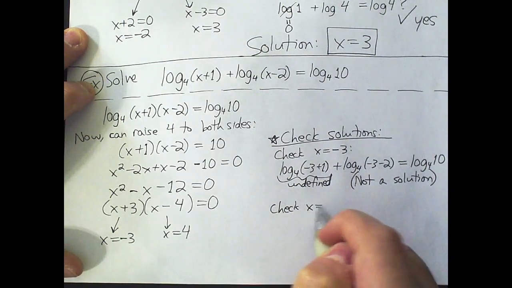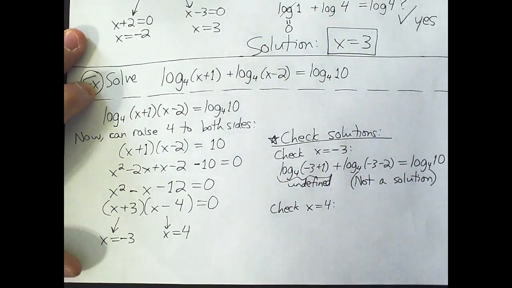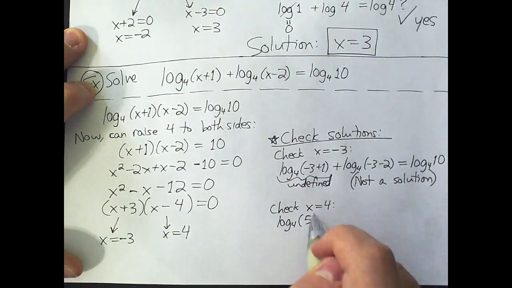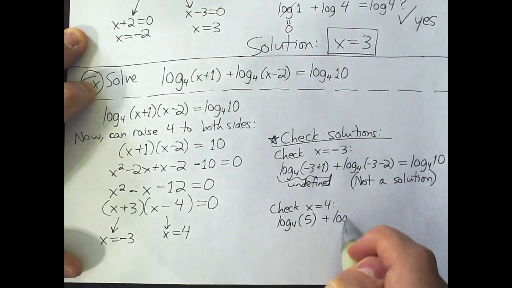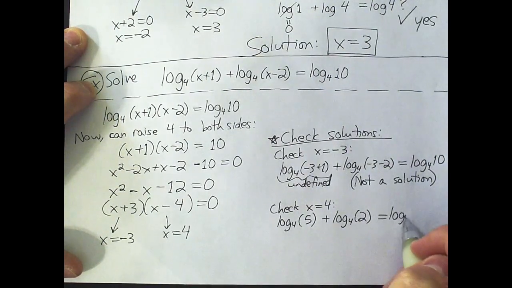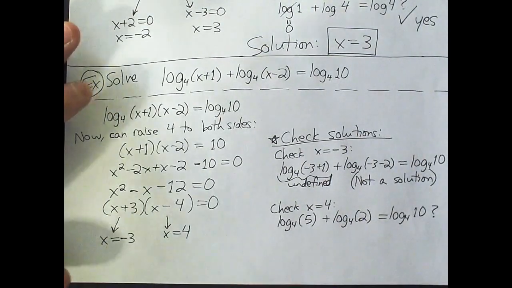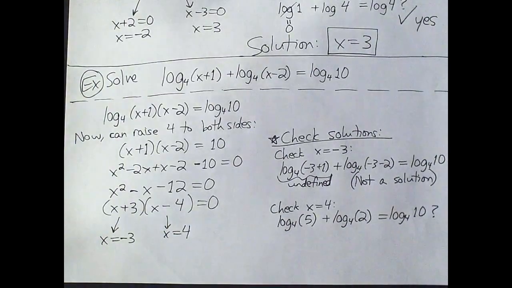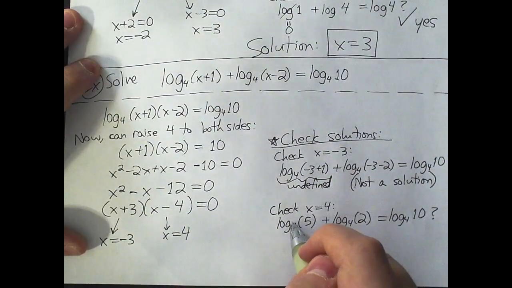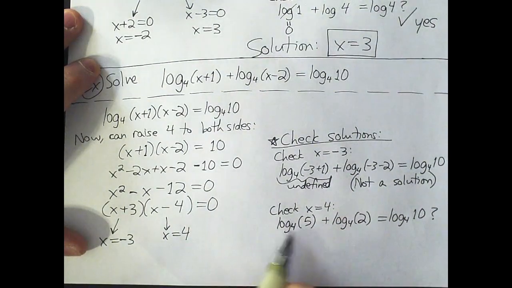Let's check x equals 4. In the original problem, log base 4 of 5 plus log base 4 of 2, does that equal log base 4 of 10? Everything's positive, so that's a good sign. And in fact, you know, log base 4 of 5 by itself, I don't really know what that is.